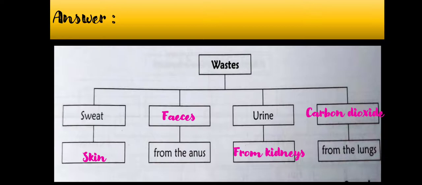And carbon dioxide from the lungs. Wastes are removed in the form of sweat from the skin, feces from the anus, urine from the kidneys, and carbon dioxide from the lungs.